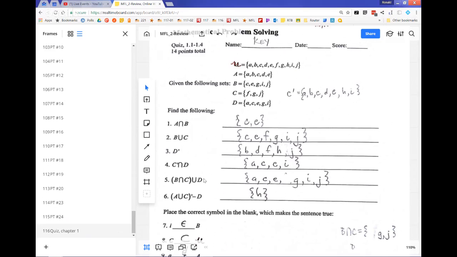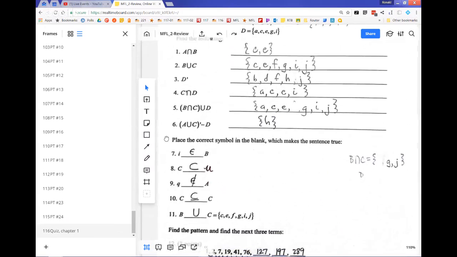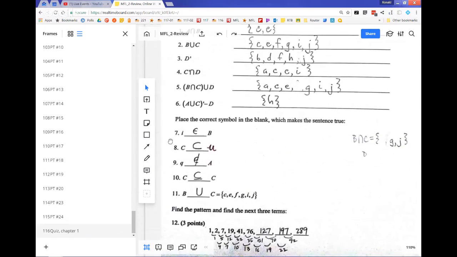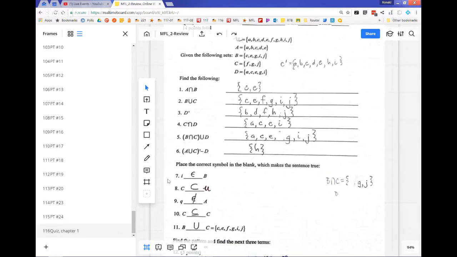There's really nothing earth shaking there. That's the kind of thing I think you would all get right. And then on the bottom, I threw in some symbols. I don't know if you can see this on the top, but it says I blank B. When you look up on top, you see set B has C, E, G, I, F. So I wrote E, I is an element of B. This is just practice with symbols.